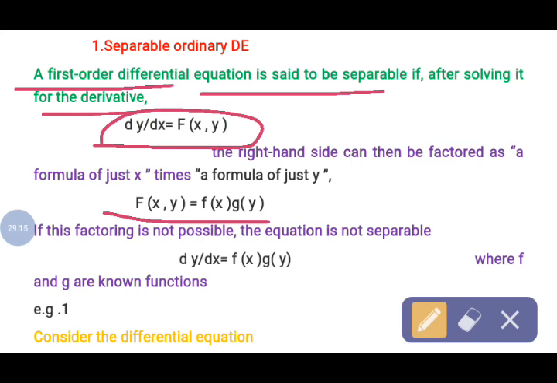If this factoring is not possible, the equation is not separable. dy divided by dx is equal to f of x times g of y. We can separately differentiate and integrate such a function, and it is known as a separable ordinary differential equation.